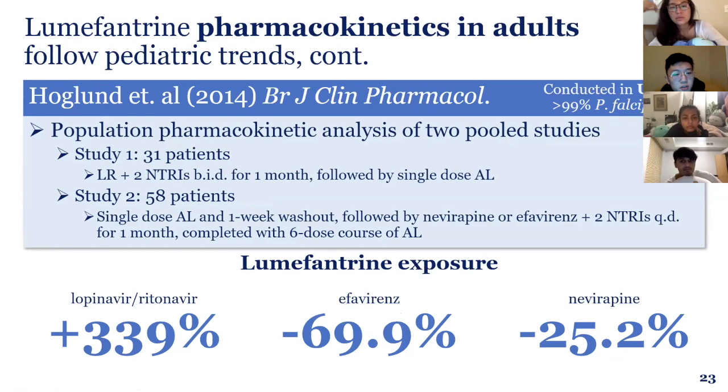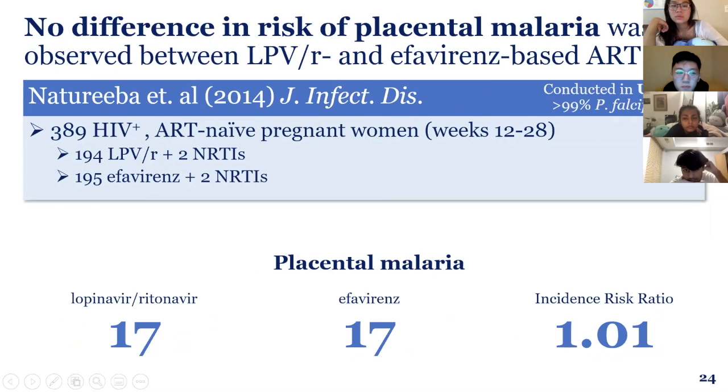Another study in adults is a population pharmacokinetic analysis of several studies pulled together. Same results: lopinavir-ritonavir extended lumefantrine exposure, whereas efavirenz and nevirapine decreased lumefantrine exposure. Unfortunately, while these effects were shown to be significant in adults, they did not result in benefit to pregnant women.